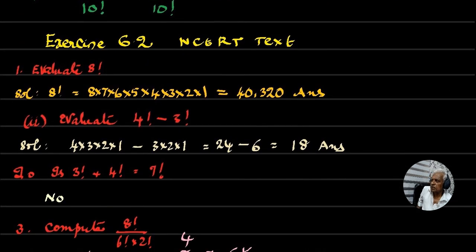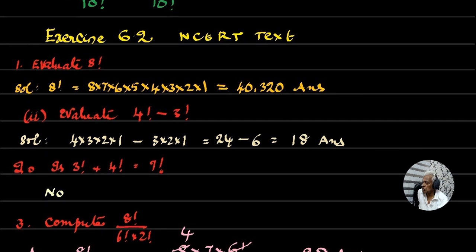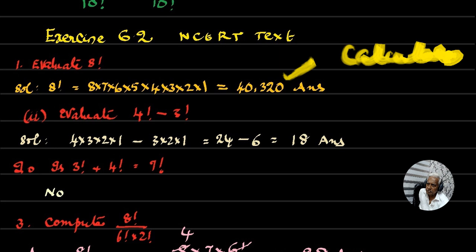Now here is exercise 6.2, NCERT text. Evaluate factorial 8. The answer is 40,320. I used a calculator, but you don't use a calculator, okay?